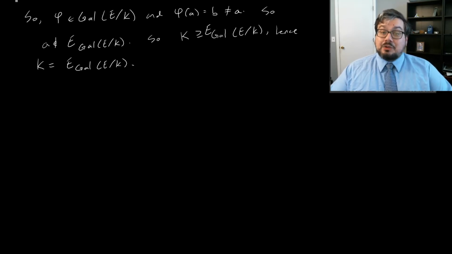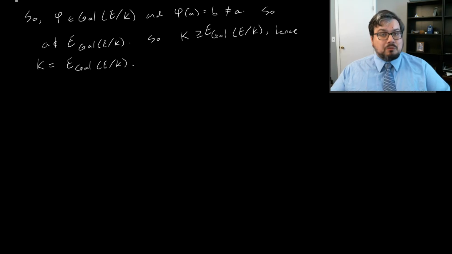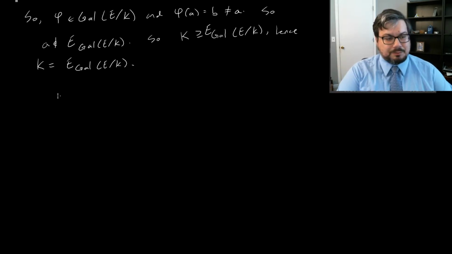So now let's go the other direction. Let's start with a subgroup, look at its fixed field, and then look at the Galois group of E over that fixed field and show that we get the same subgroup.